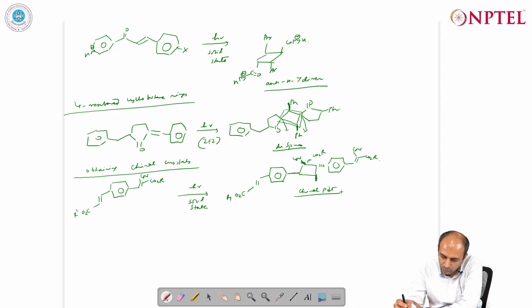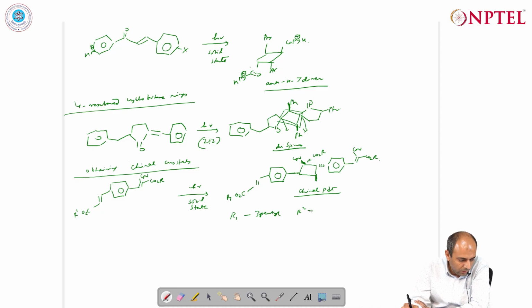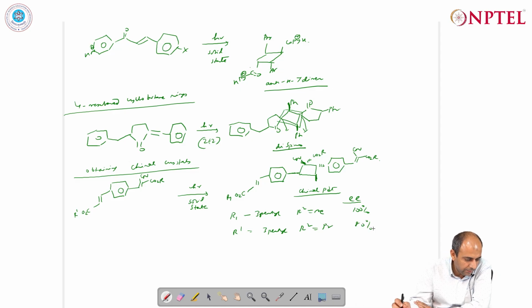Okay. So when R1 is equal to 3-pentyl and R2 is equal to methyl, the enantiomeric excess is 100%. When R1 is equal to 3-pentyl, R2 is equal to propyl, it is 80%.